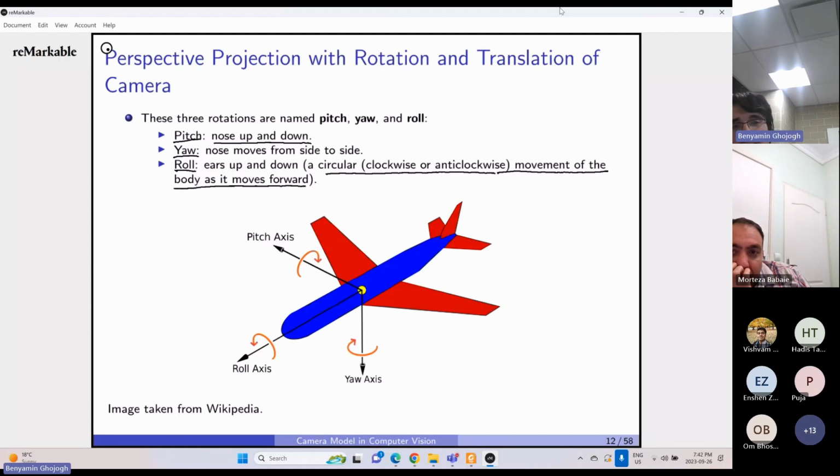In control theory, it's very important to control these rotations, especially for aerodynamics. For example, if it is an airplane for passengers, then you shouldn't have too much roll.